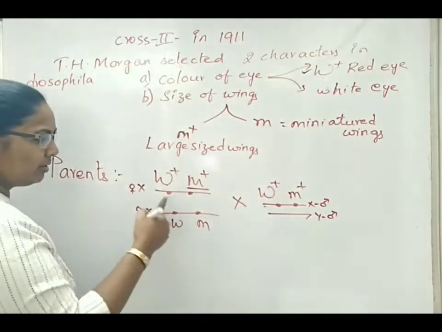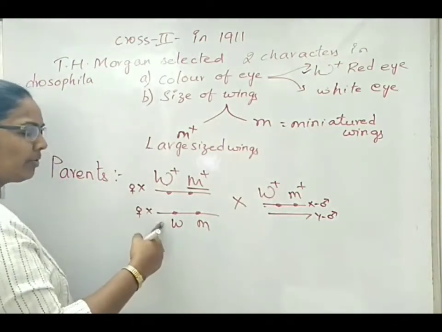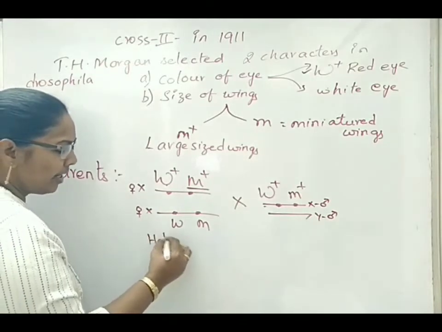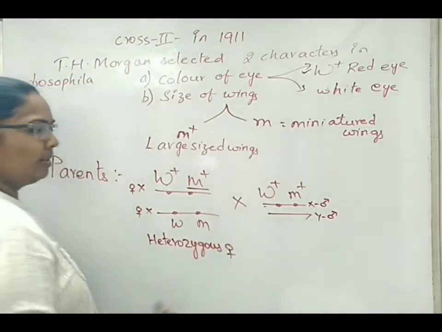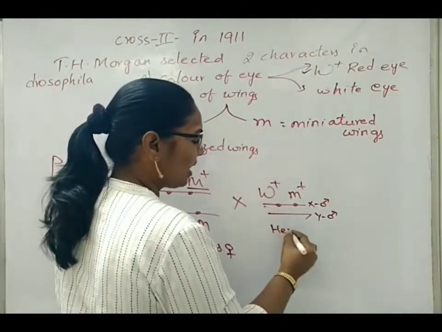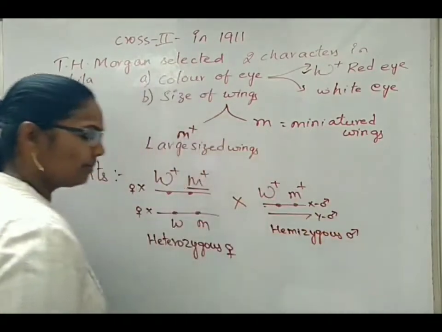How can we write this one? When dominant alleles and recessive alleles are present in the same type of chromosomes or in the organism, then it is considered as heterozygous female. Now here there is only one X chromosome, so we can call it as hemizygous male.